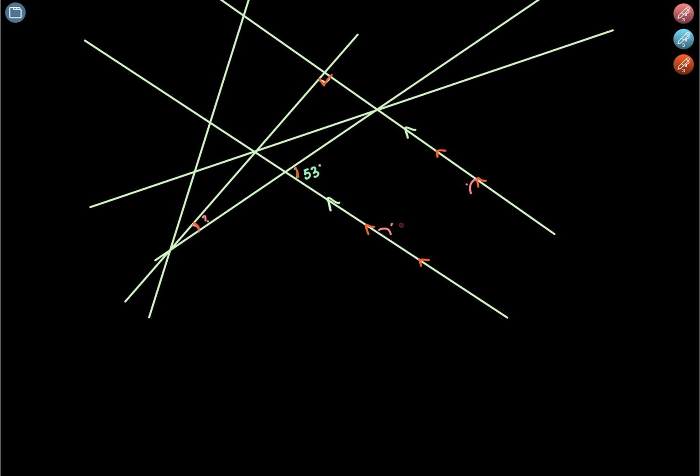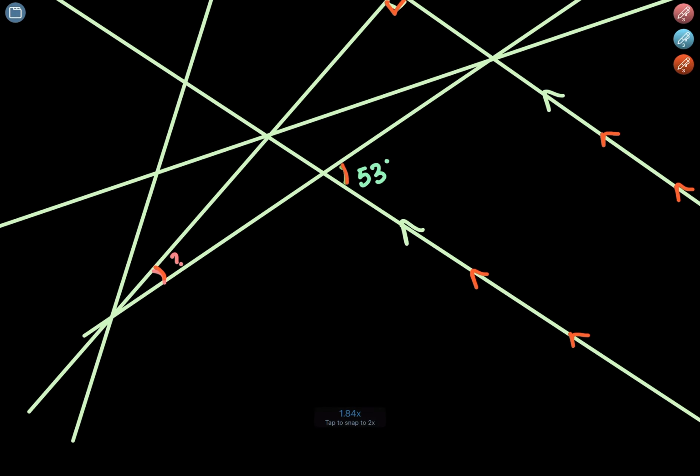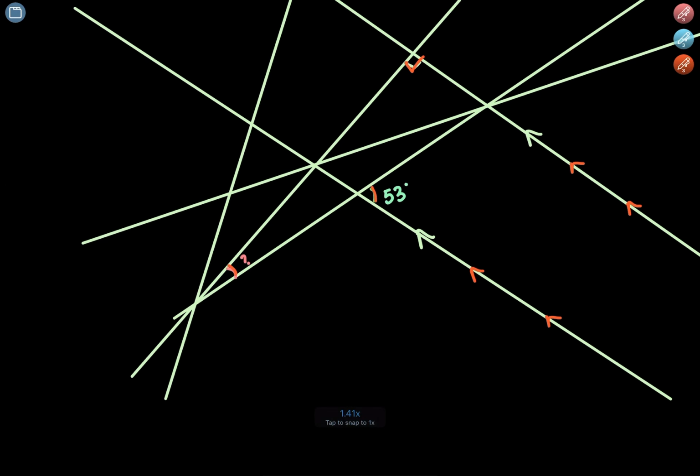Okay, now that we got that out of the way, I think we are more than ready to get started. One of the ways we can do this question is to take a look at this line and the way it intersects these two parallel lines. What we can do is create the Z pattern. The Z pattern can go like this, which would mean that this would also be 53 degrees.